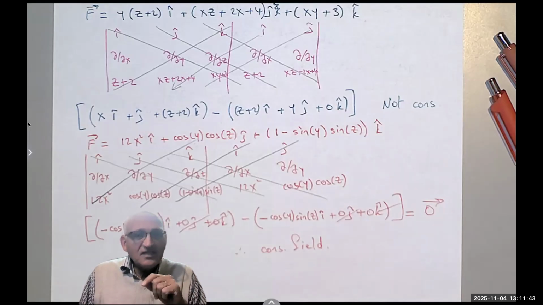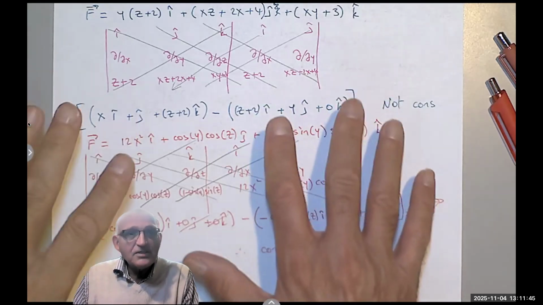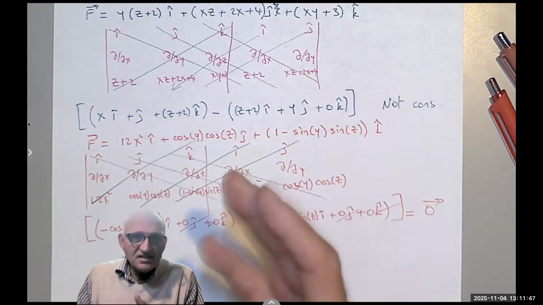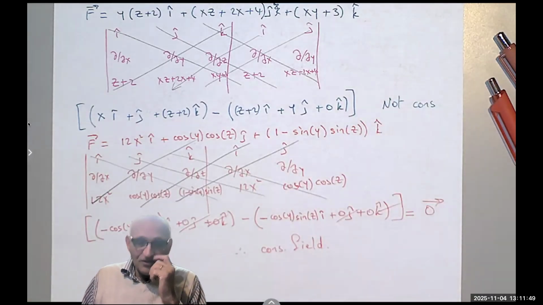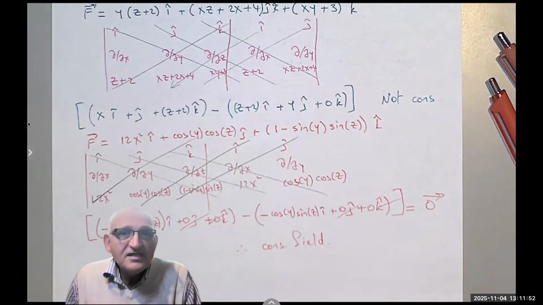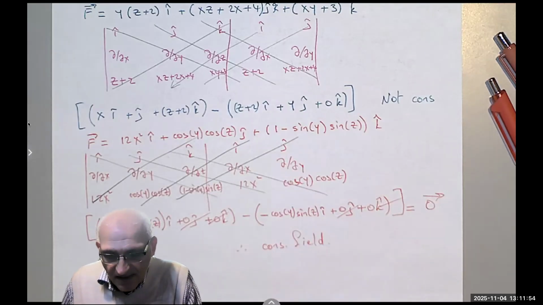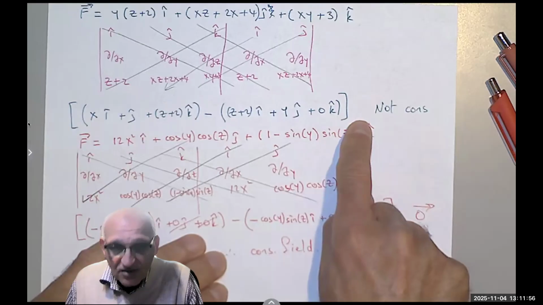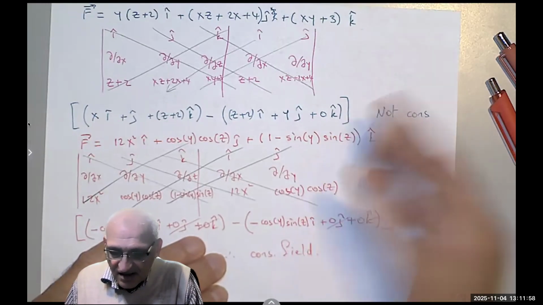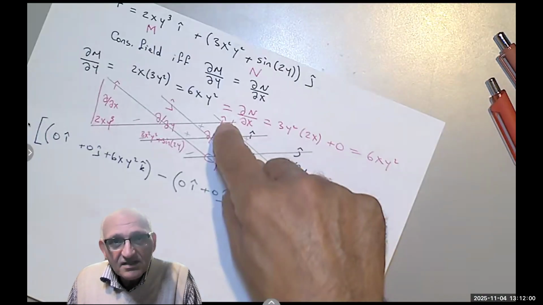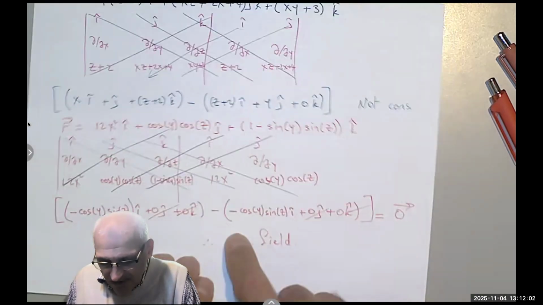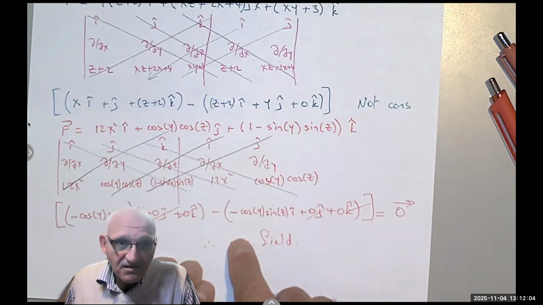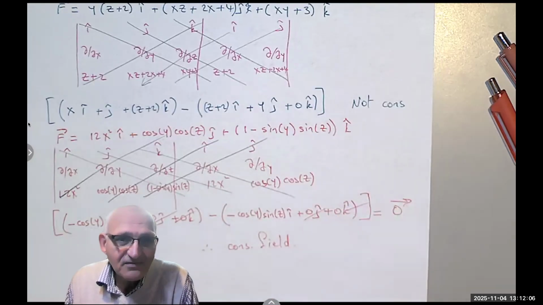So next time I'm going to use the same three examples, which we have already seen. Of course, the first and third, because the second one, we didn't get a conservative field. Remember, we didn't end up with zero vector. So we're going to take example one, it's a 2D, and example three is a 3D, and both are conservative.